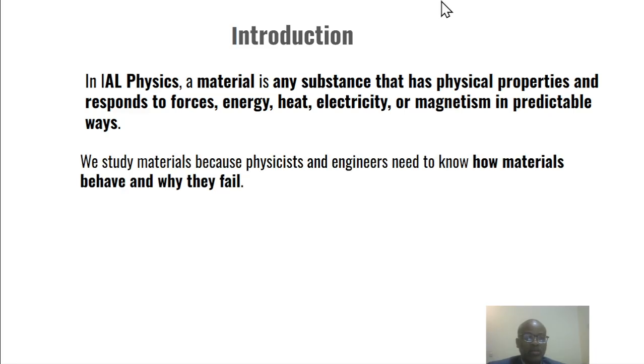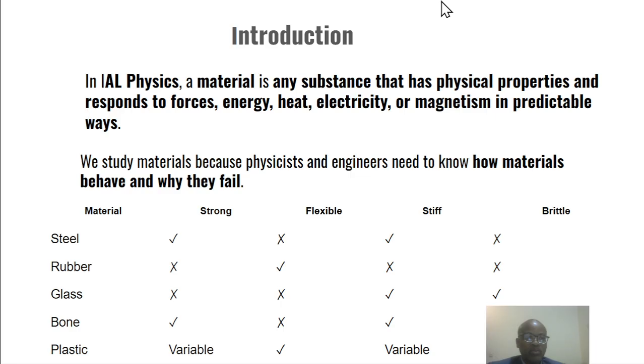You can see on your screen a table showing different materials and the properties they exhibit. The list of materials is long, but these are a few I would like to share with you.